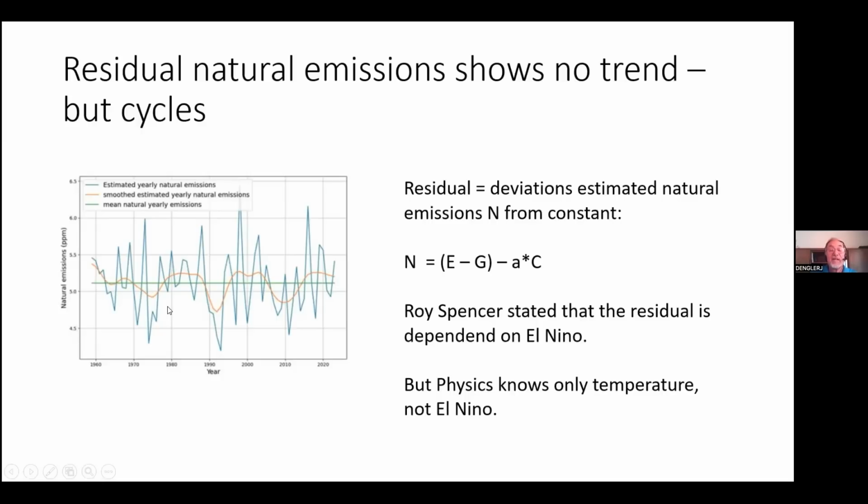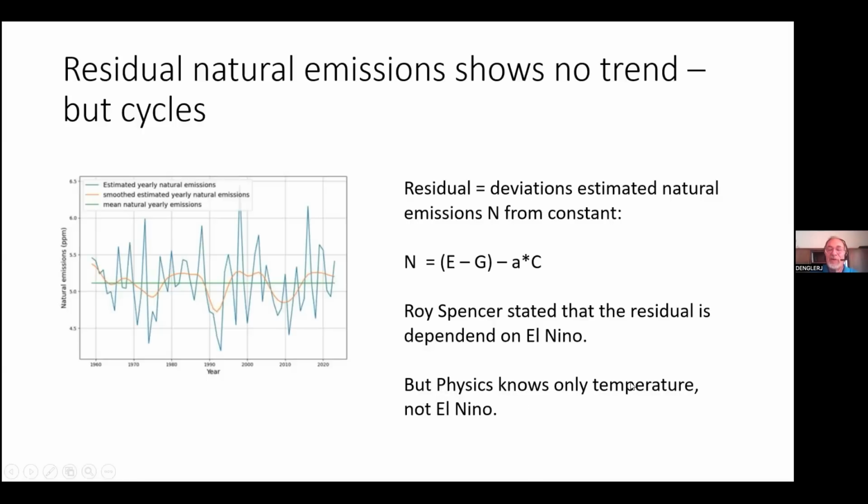And it was Roy Spencer who stated that this residual depends on El Niño. Okay, that's true. And you can make very good predictions using El Niño, but as a physicist, I must say, in physical laws, we don't know El Niño.